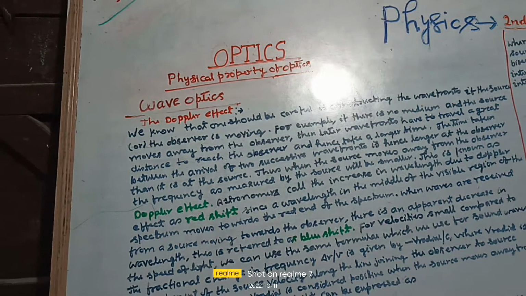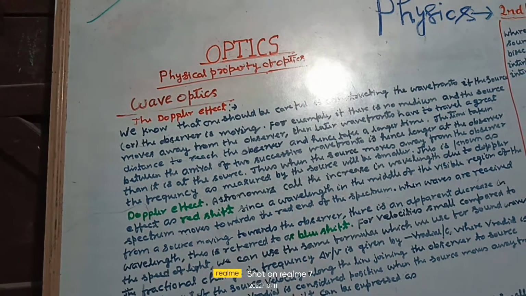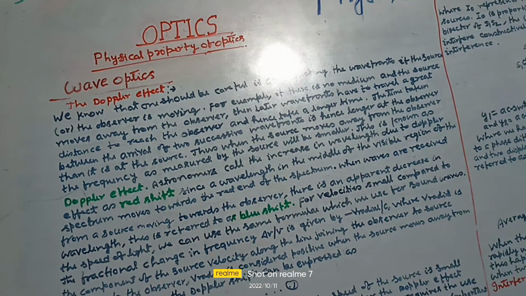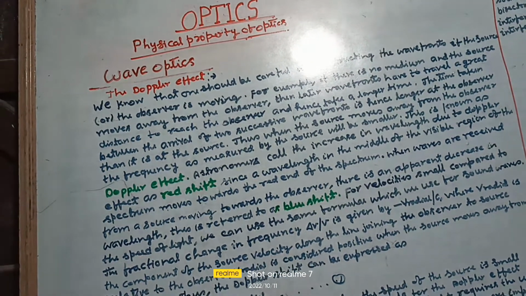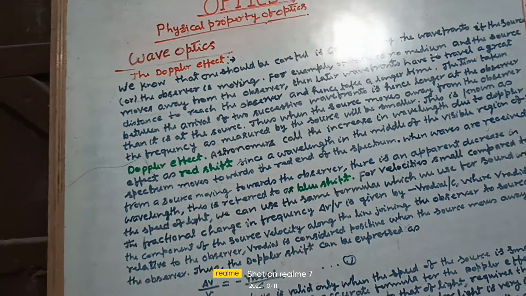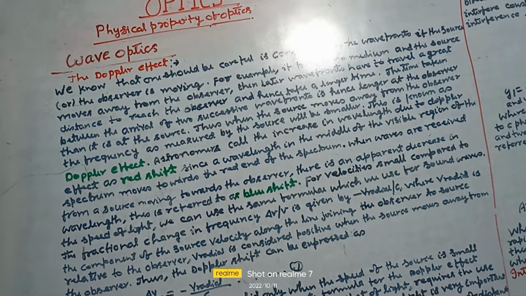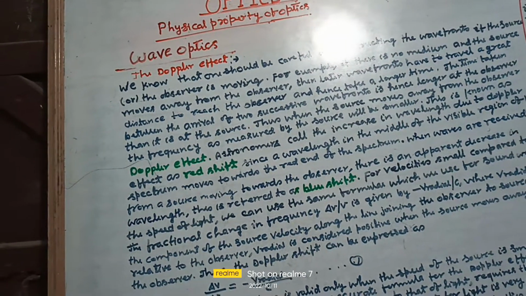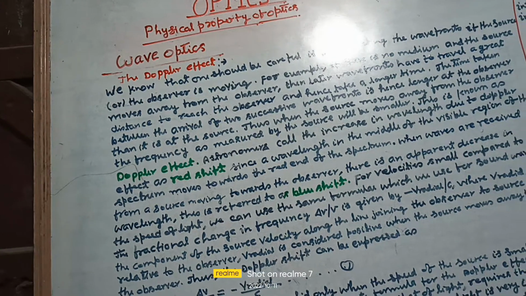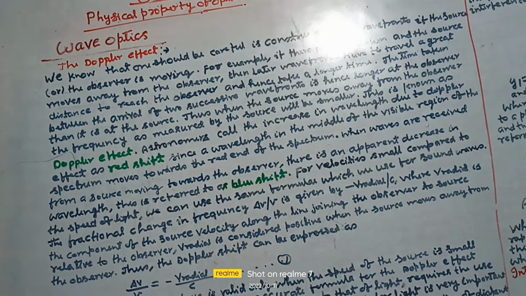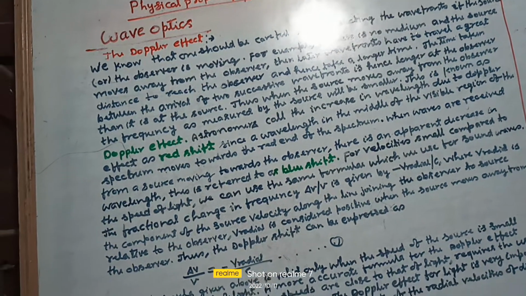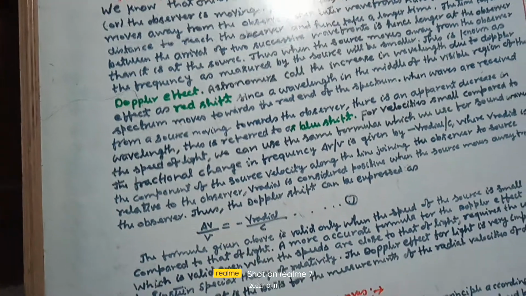The time taken between the arrival of the two successive wave fronts is hence longer at the observer than it is at the source. Thus, when the source moves away from the observer, the frequency as measured by the observer will be smaller. This is known as the Doppler effect.